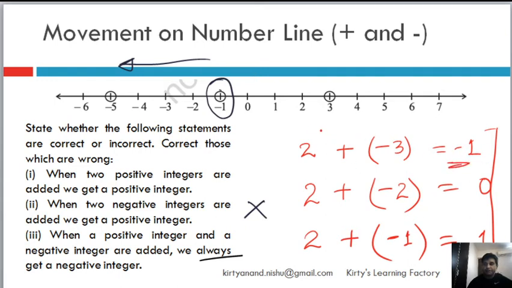Why? Because eventually it becomes 2 minus 3, and your negative integer is more than the positive integer. So it eats into it, not adds into it, and therefore makes the value become negative. It's like you have 2 rupees, but you have a debt of 3 rupees. So you end up with your net worth being minus 1.